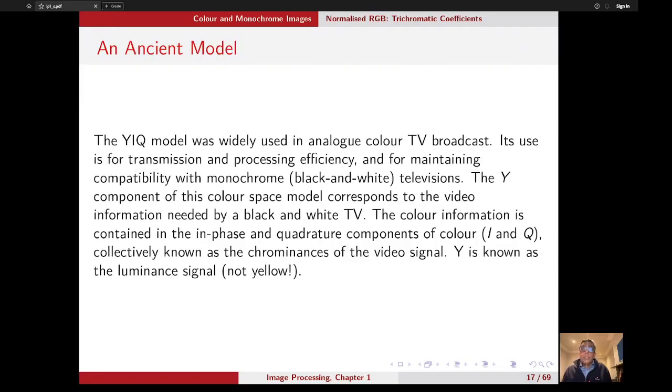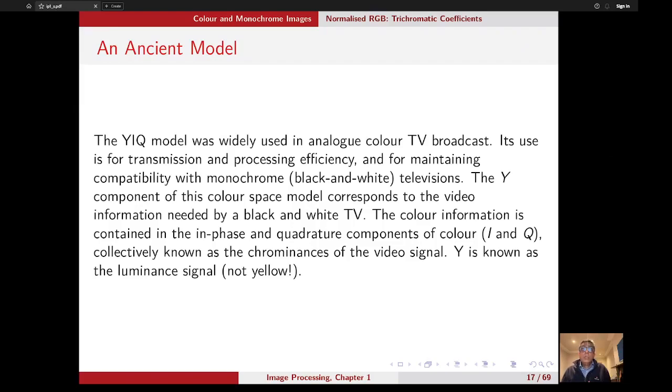The next model that I'd like to mention is there for historic reasons, but it's one step up in conversion complexity. The reason I mention it is that it includes an aspect in which a color space model can reside alongside a model that serves to provide an image for an achromatic or grayscale image.